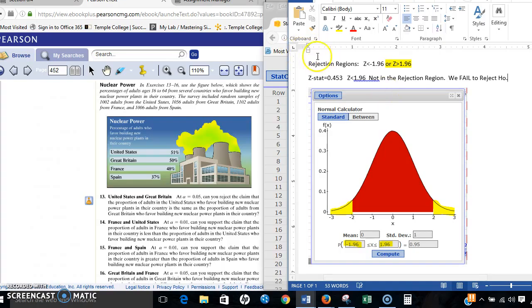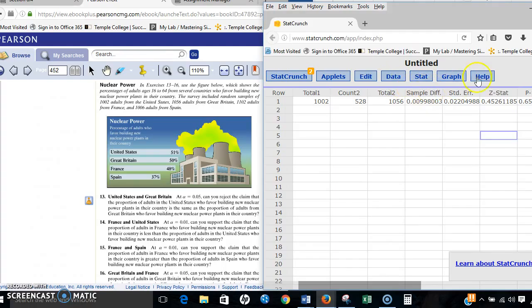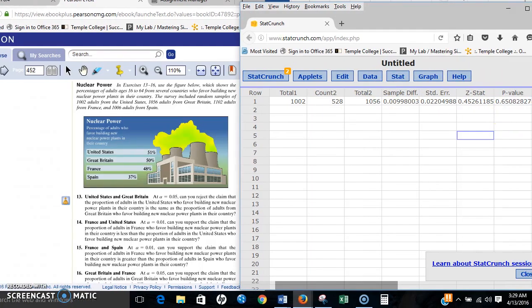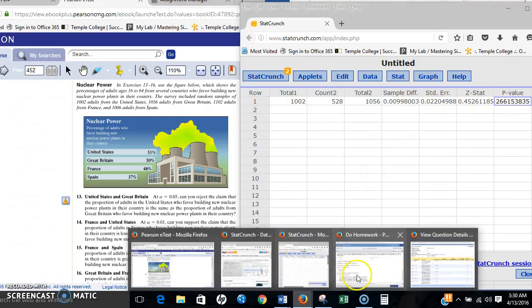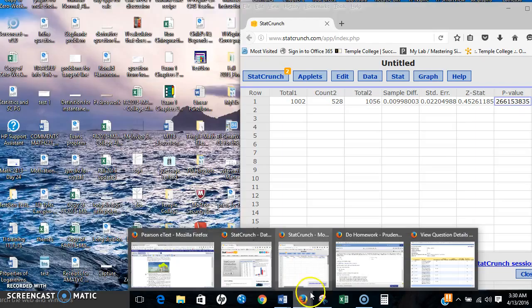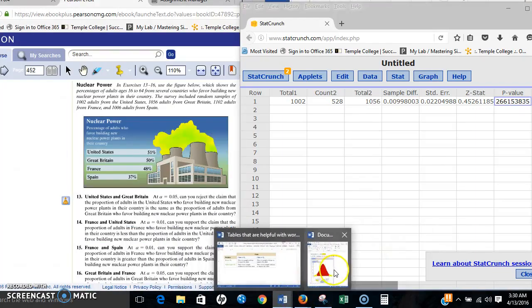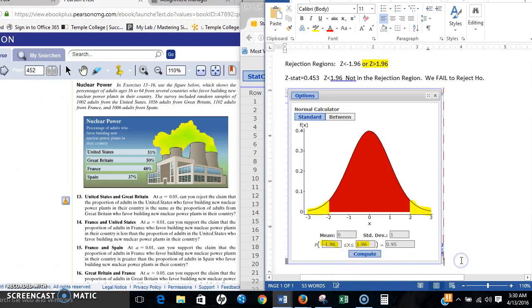Now, my StatLab doesn't always ask you to compare the rejection regions. Sometimes it allows you to simply use the p-value. And the p-value here is 0.651 to 3 decimal places. So I'm going to copy that, and we're going to go back to our Word doc, and we're going to talk about the p-value.